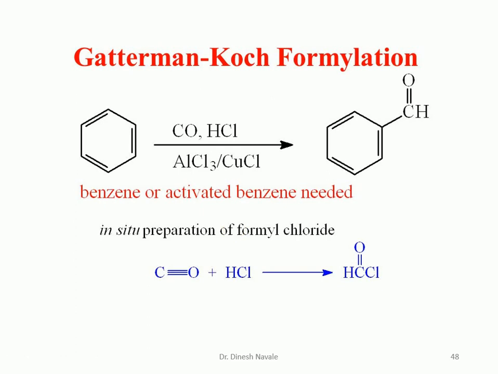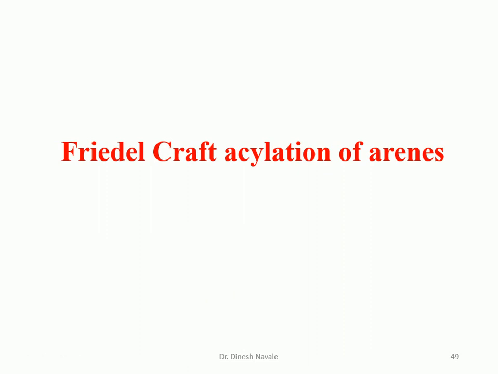This is the general representation: an aromatic ring like benzene, carbon monoxide, HCl, AlCl3, cuprous chloride will give benzaldehyde. It involves the in situ preparation of formyl chloride and then formation of formyl cation from carbon monoxide and hydrogen chloride. So this previous example of the Gattermann-Koch formylation can be utilized selectively for the preparation of aldehyde molecules.